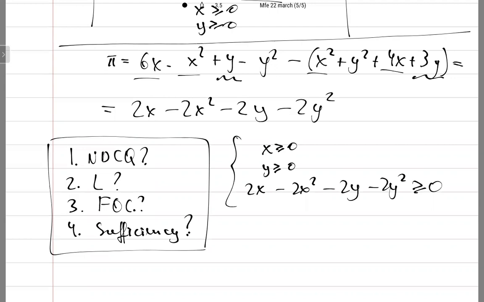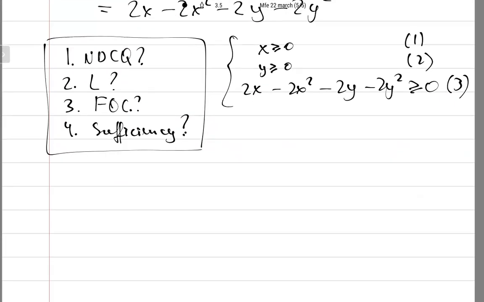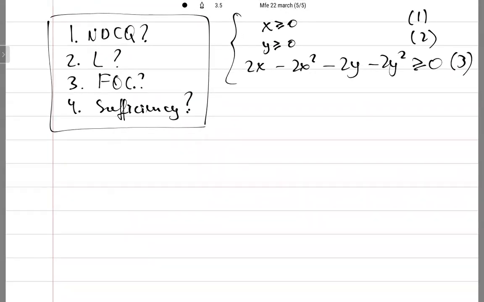When I'm doing NDCQ with inequalities, I should check every possible combination. It's not the equality case, so I'm checking all combinations: first, second, third. Only first, the Jacobian matrix is 1, 0.